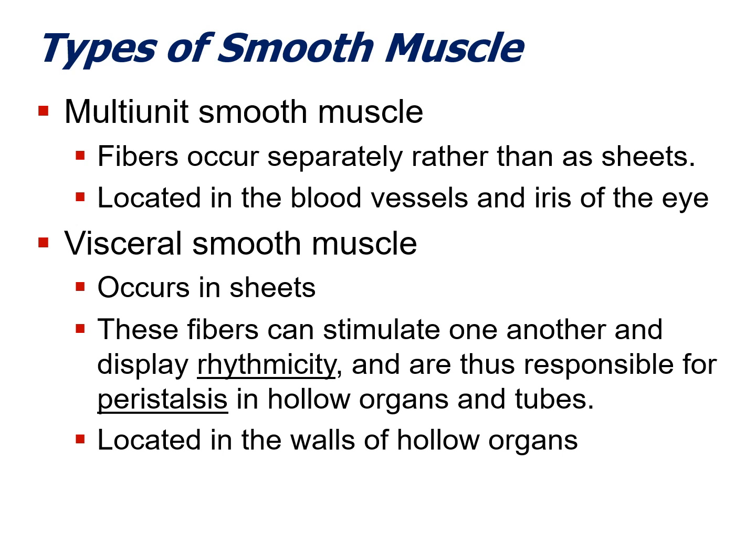And then we have visceral smooth muscle, which is more of the picture that was shown on the previous slide. They occur in sheets of muscle, and they can stimulate one another. The cool thing about that is they display what's called rhythmicity. Rhythmicity is that they can all work together and contract together.